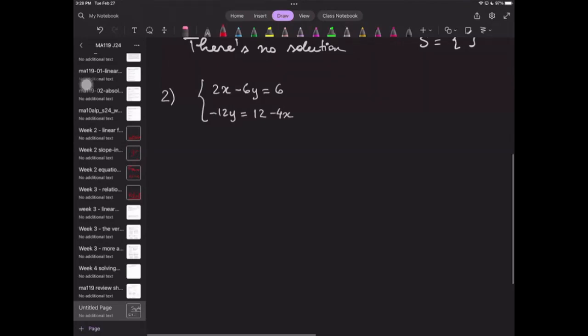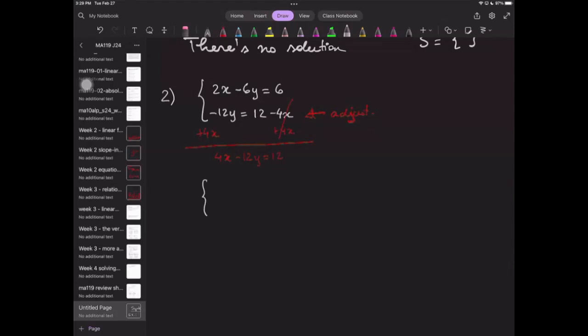So to adjust means I'm going to move the 4x to the left. Now my second equation is 4x minus 12y equals 12.